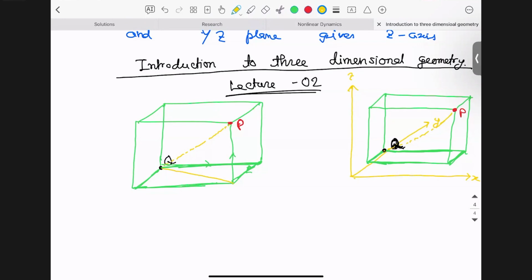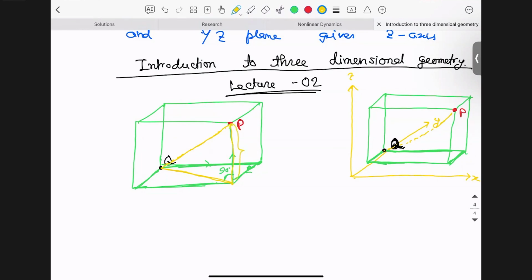So to get this PQ length, we can use this, because this makes a 90-degree angle. This yellow line and this green line make a 90-degree angle, and we obtain a triangle from it, right? Now, from the coordinate of P, we know the distance.